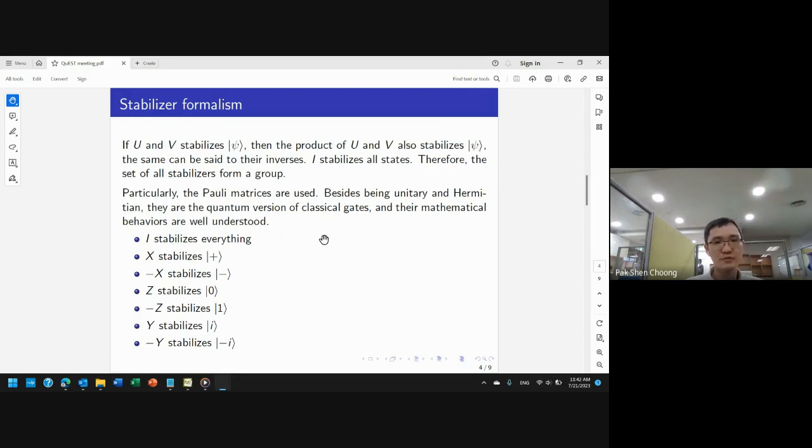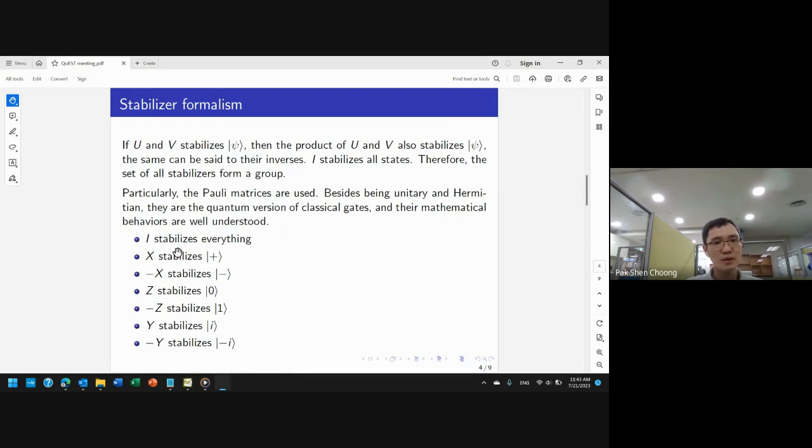Because of matrix multiplication and inverse and so on, the set of all stabilizers forms a group. Because we are so used to Pauli matrices, we know the algebra of Pauli matrices, and they are also the quantum version of classical gates, and the behavior is very well understood. That's why we usually use Pauli matrices.